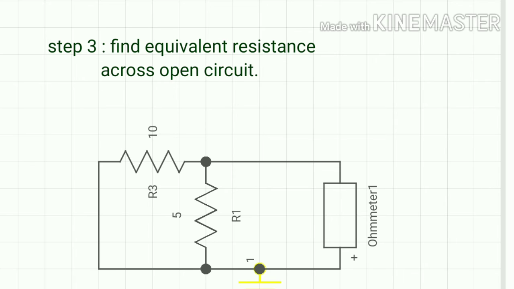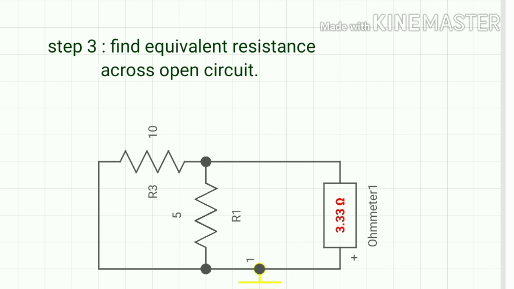So the first step of Thevenin's theorem is to remove the load resistor and find VTH, and from this point we have to find the equivalent resistance. You can see in the diagram Ohmmeter 1 where I have written. Okay, so let's find the equivalent resistance. The equivalent resistance will be 3.33 ohm.